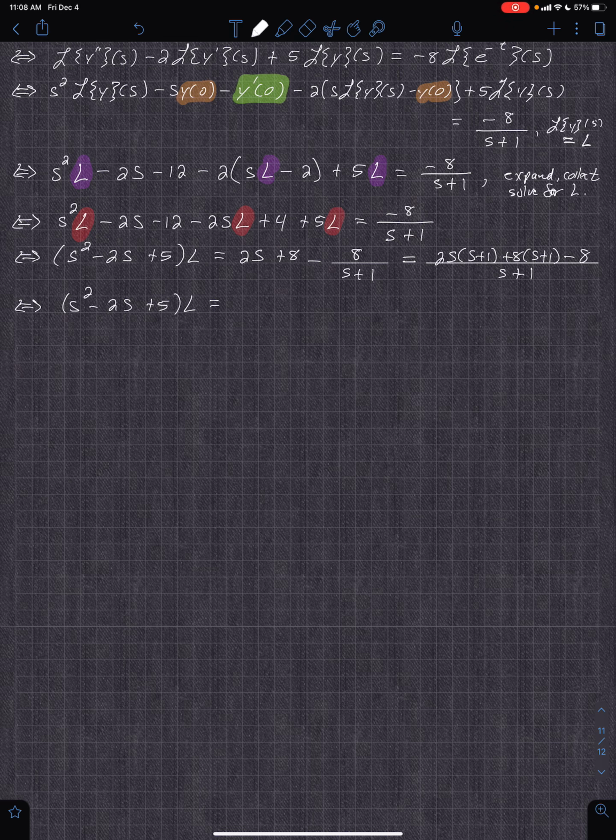So you get 2s squared plus 2s plus 8s plus 8 minus 8. Oh, those are going to cancel. That's when you can say cancel, by the way. And then let's keep going. That's 2s squared plus 8, 9, 10s, all over s plus 1.